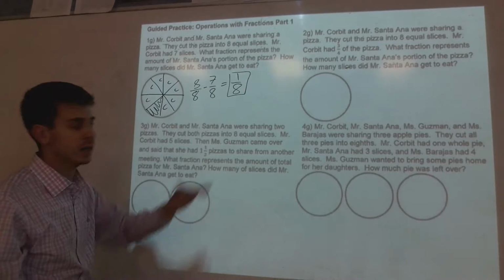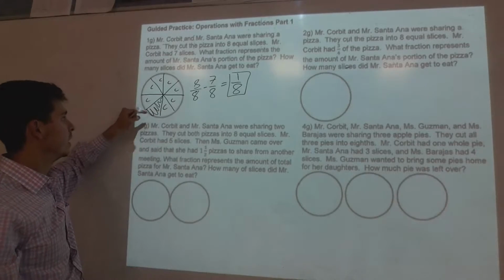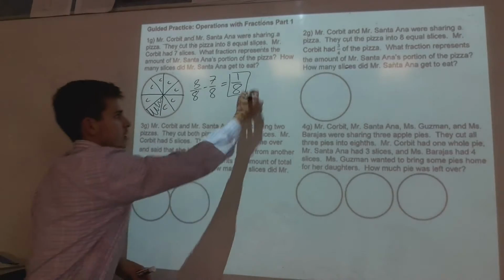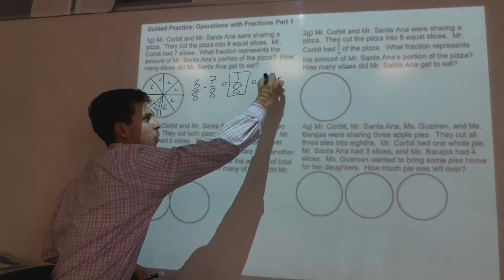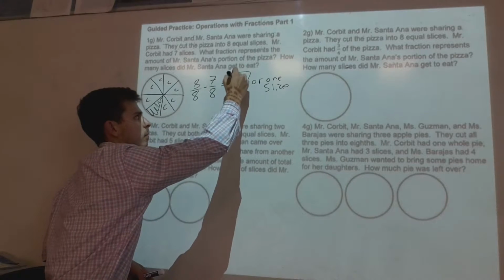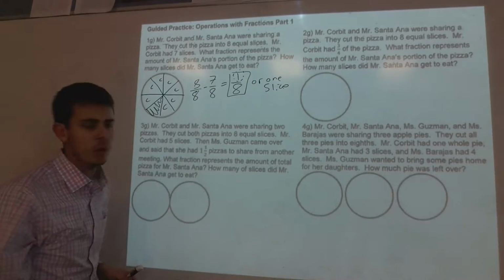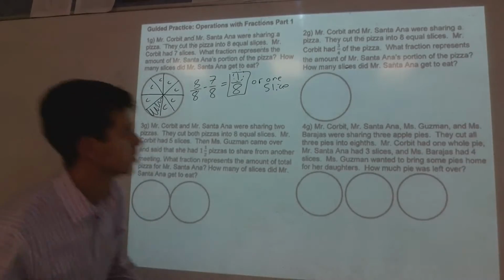So Mr. Santa Anna gets 1/8 of the pie, and he gets to eat 1 slice. Right there. Okay, let's go on to problem 2.